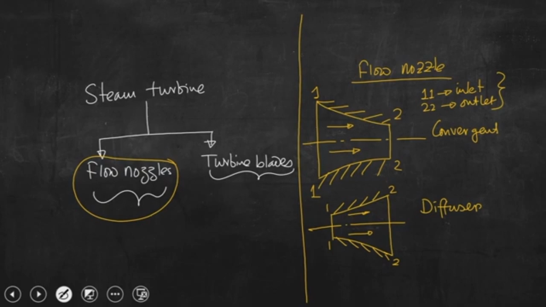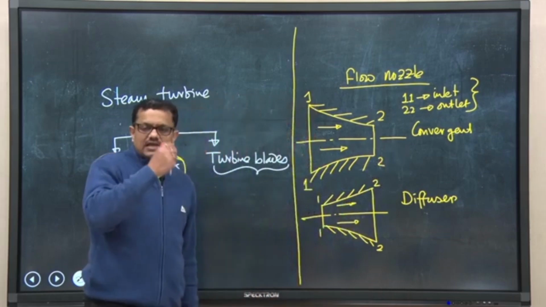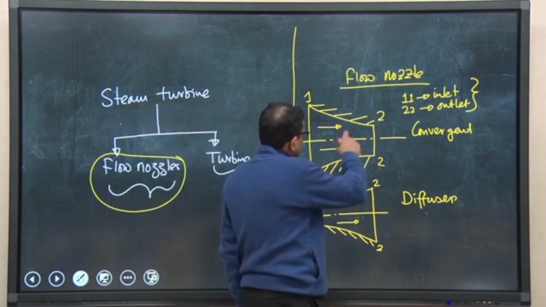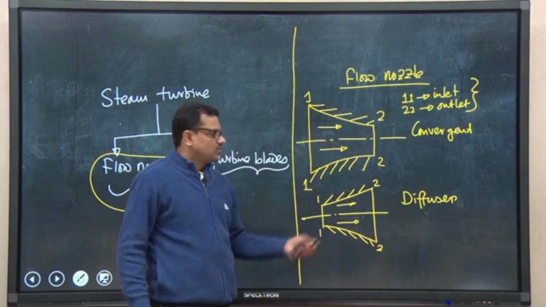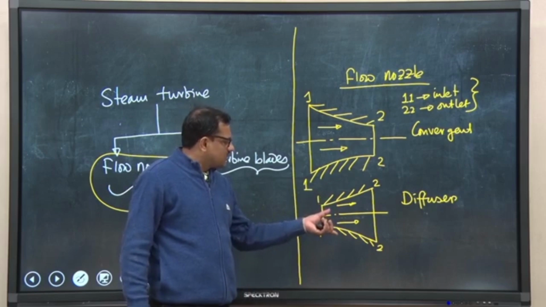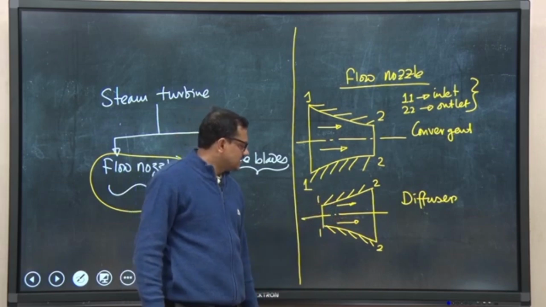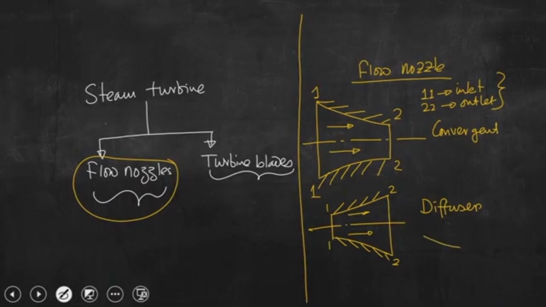So, this is divergent, and normally what we understand as a nozzle is basically having gradually decreasing area in the direction of flow. This is the typical shape of a nozzle. But this we can also call a diffuser, because in the direction of flow the area increases.